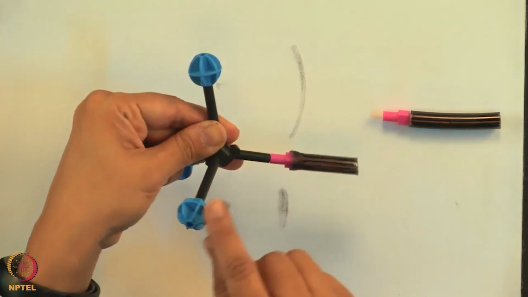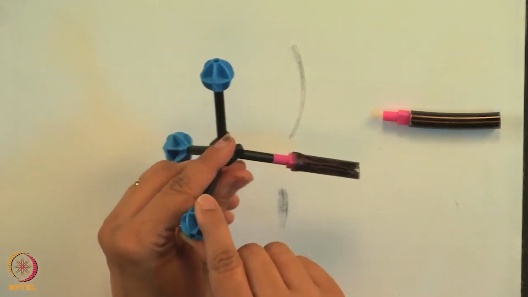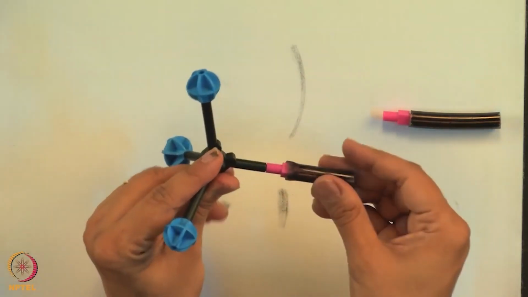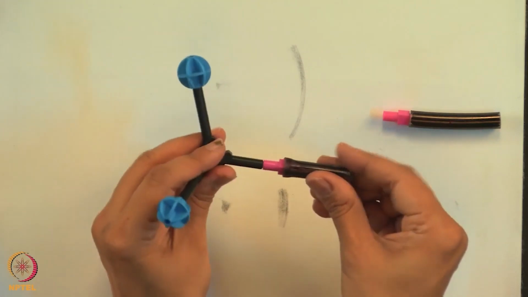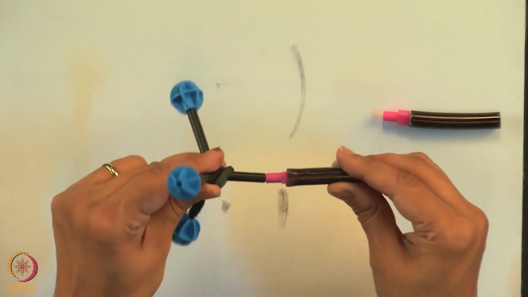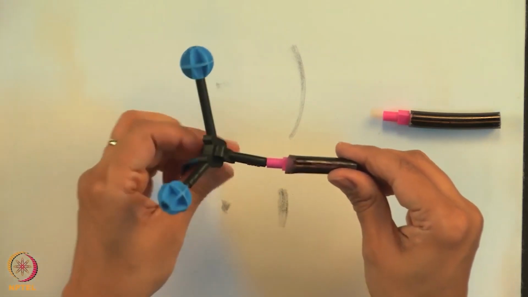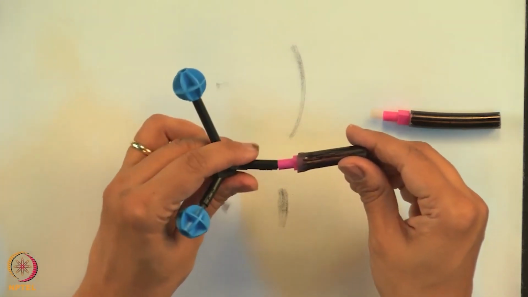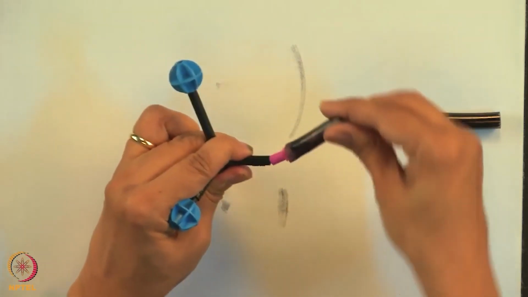Okay. Remember, this one atom is closer to me and another one is behind me. Let us try to see it again. So, I am moving this up and down. So, let us see it from a different angle, so that it is easier for you to see. So, this is how it is moving.